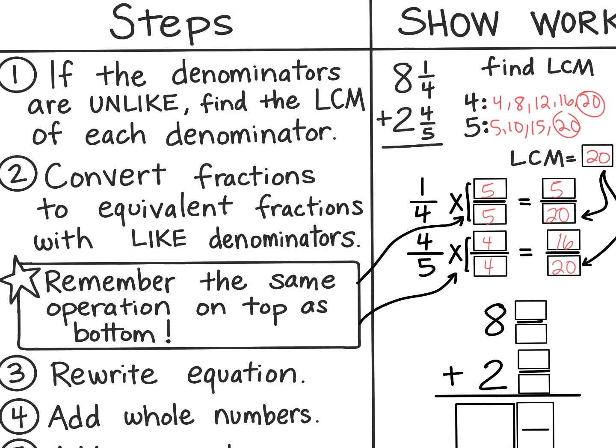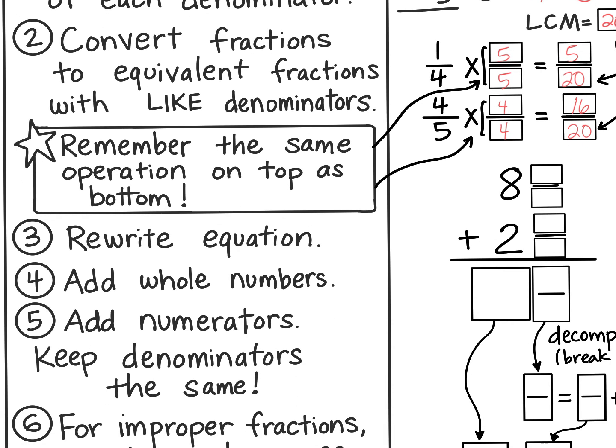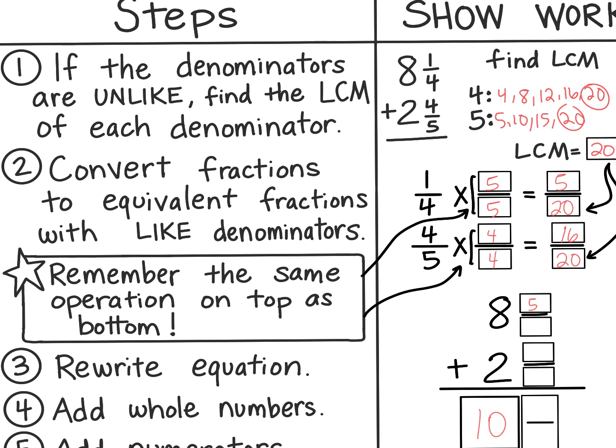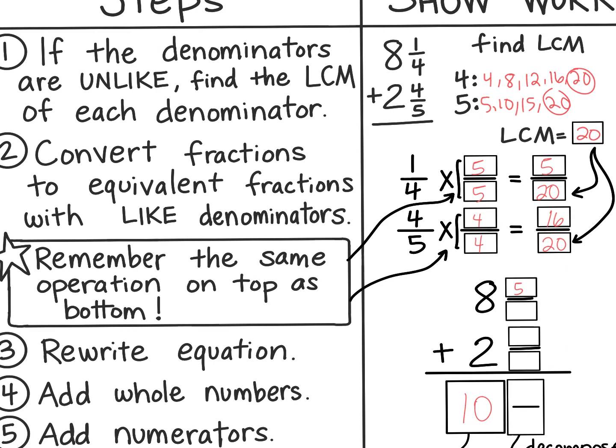Okay, so I've rewritten my equation. I'm going to add up my whole numbers first. So I have 8 plus 2, which is 10. Then I'm going to add my numerators. Sorry, hang on a second. This is 5/20. Remember my original fraction was 8 1/4. So 8 1/4, 1/4 was 5/20.